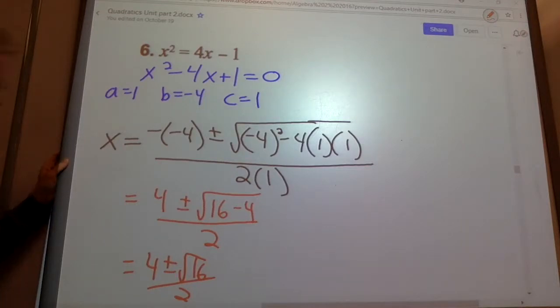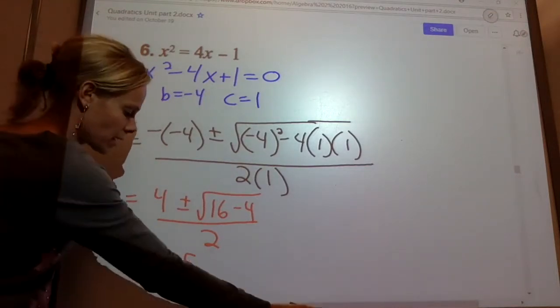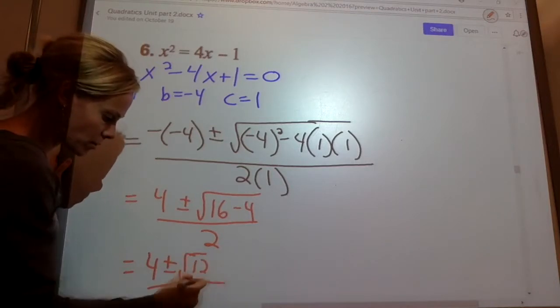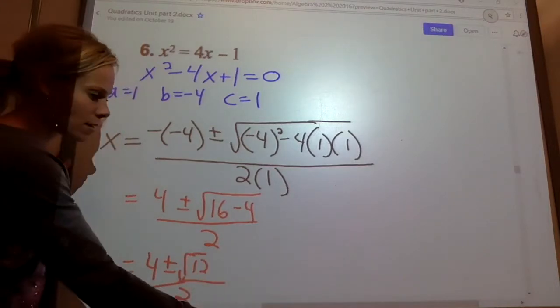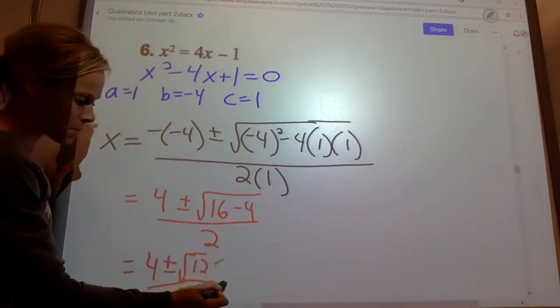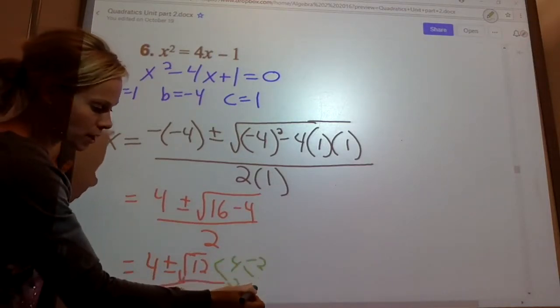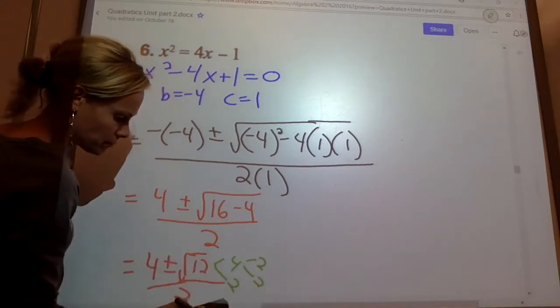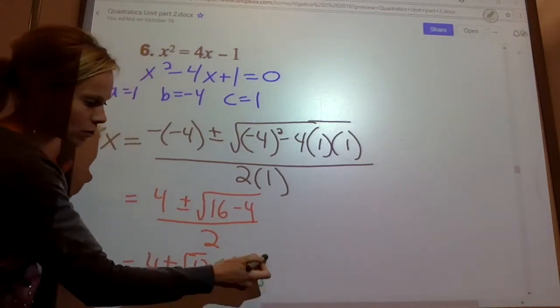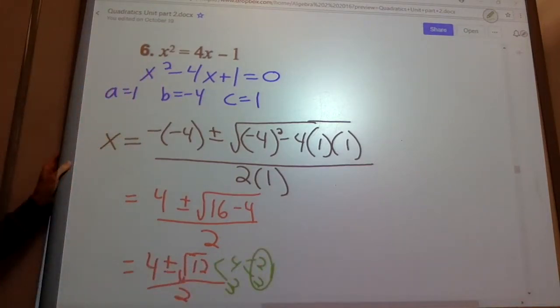Why? Oops. It's not simplified, because what do I know about the square root of 12? Which is 2 times 2. There's 2 2's, I take one out.